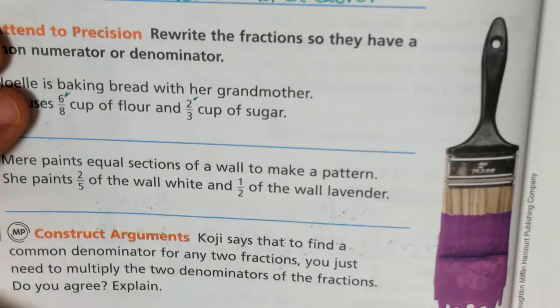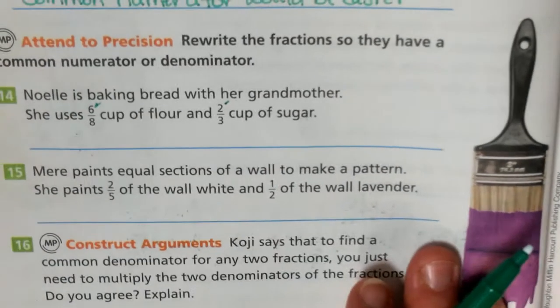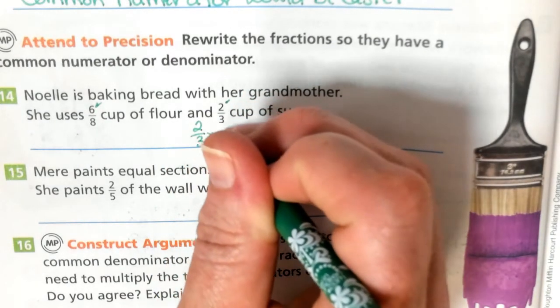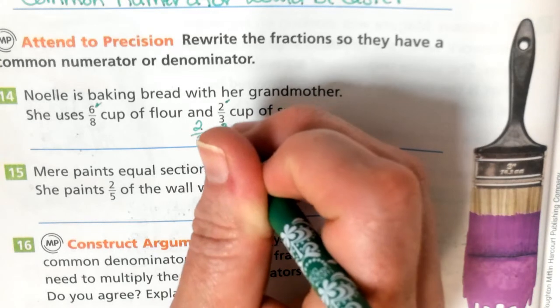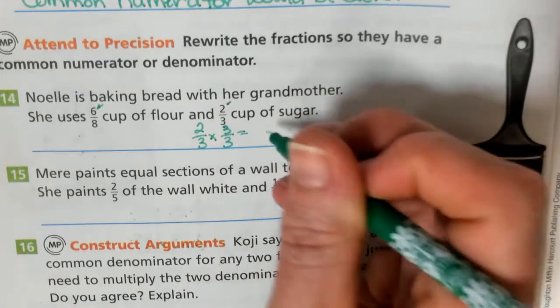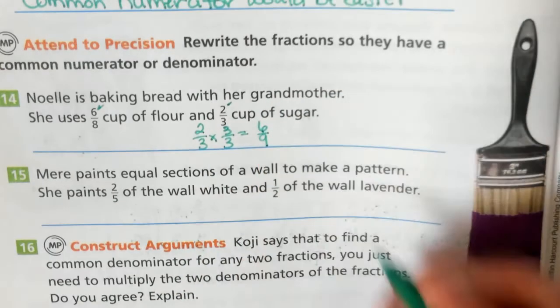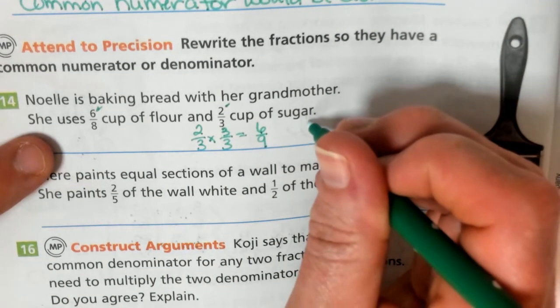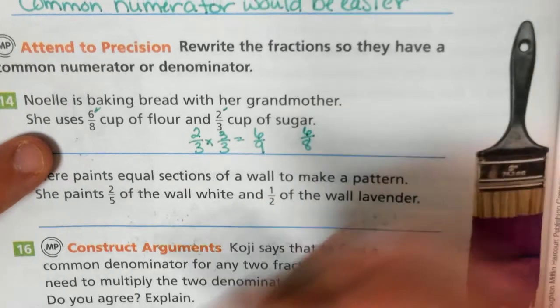Doesn't the 2 have something in common with 6? Couldn't I multiply my 2/3 by 3 over 3? And that's going to give me 6/9. So then they would have a common numerator. So I would have 6/9 and 6/8.